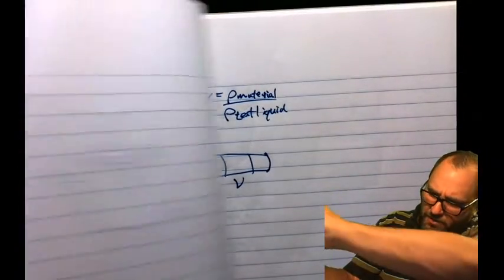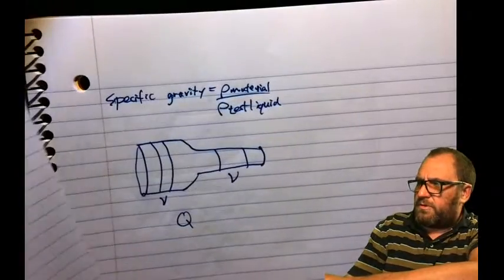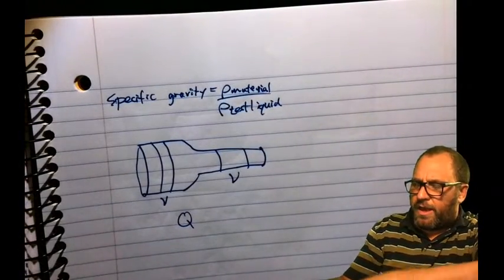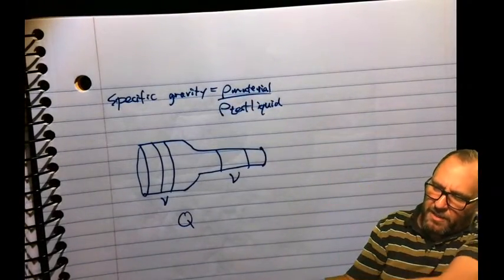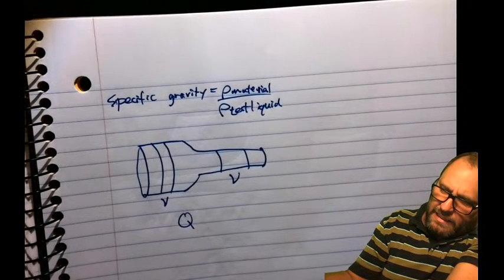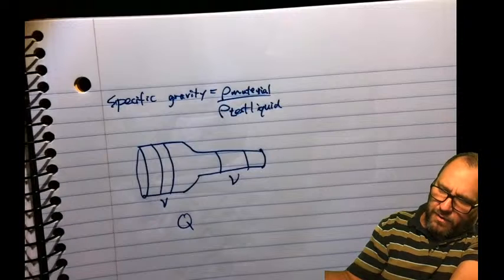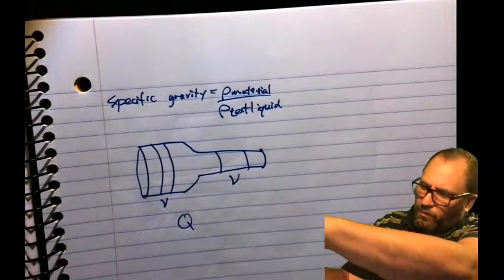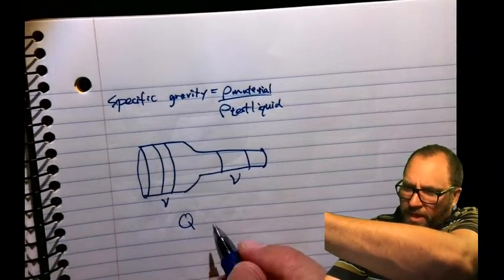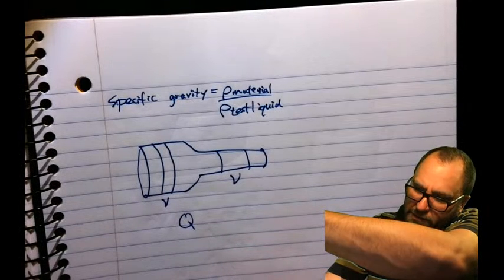So, let's see, what do we have? Peering back in time. We know, or I think we know, that we could write Q, this is my flow rate.